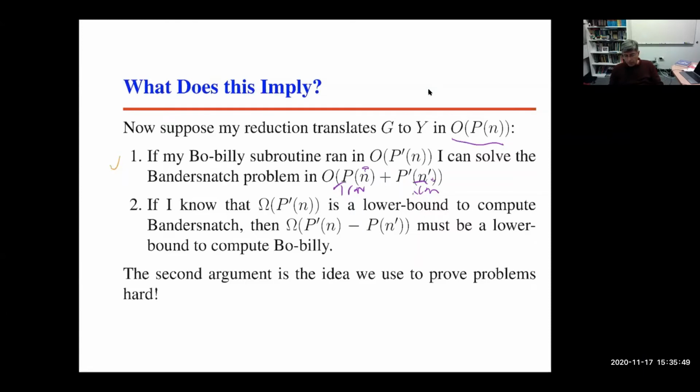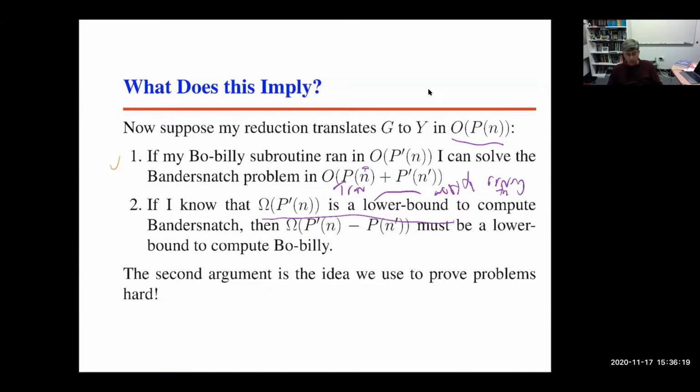Okay, well, that's maybe a little more subtle than I want it to be. What is the key idea here? Suppose I know that this is a worst case lower bound on the running time. This is a worst case running time lower bound. Suppose I know that any algorithm to solve the Bandersnatch problem has to take at least 2 to the n time.